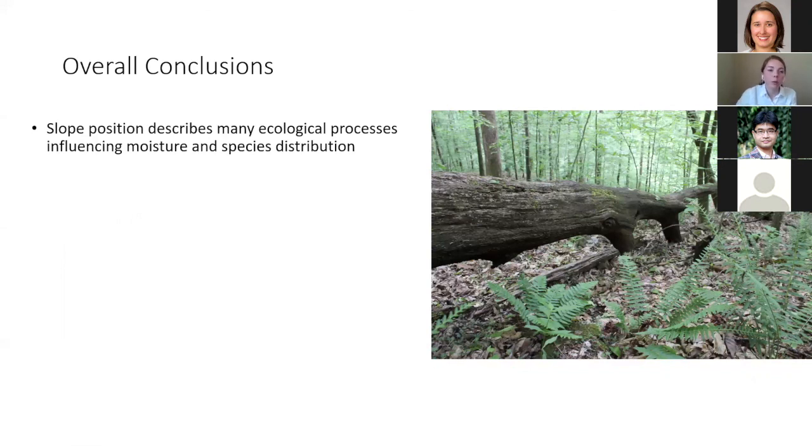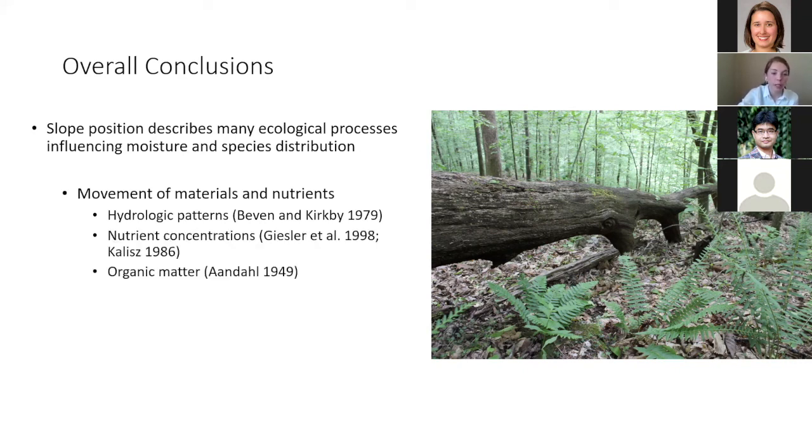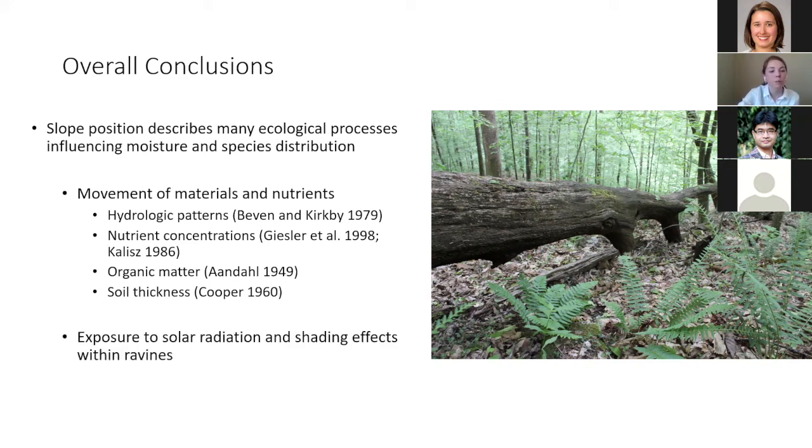We think that we're seeing this pattern because slope position describes many ecological processes influencing both moisture and species distribution, which would include the movement of materials and nutrients downslope, which could influence hydrologic patterns, nutrient concentrations, organic matter, or even soil thickness.